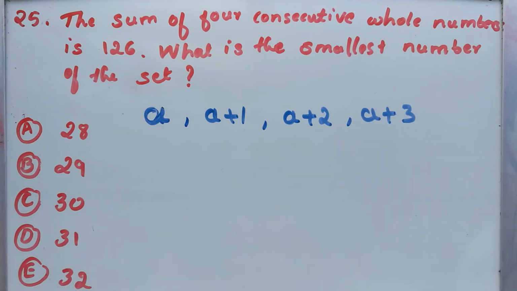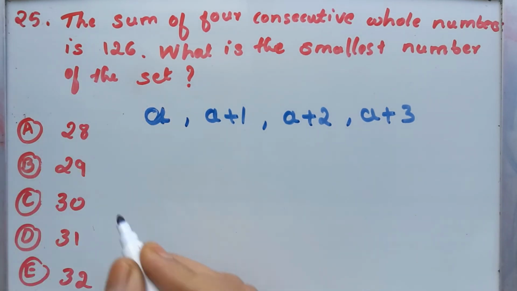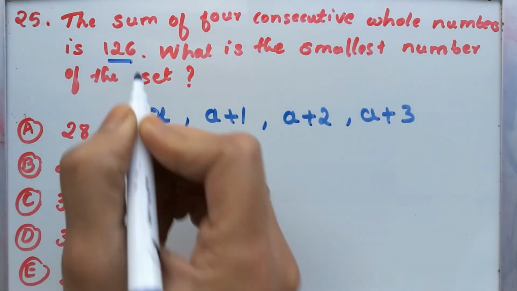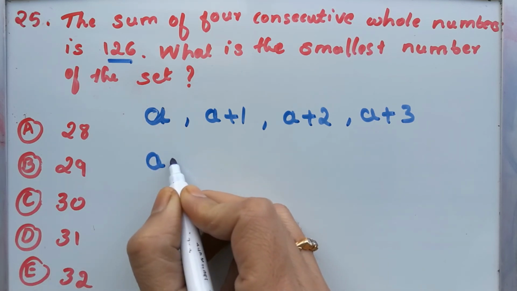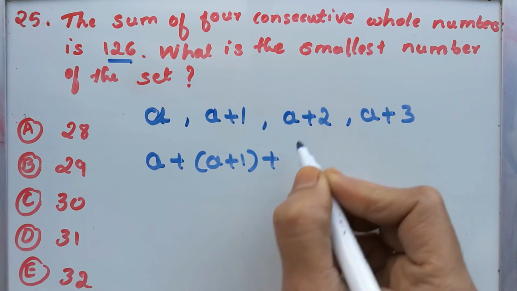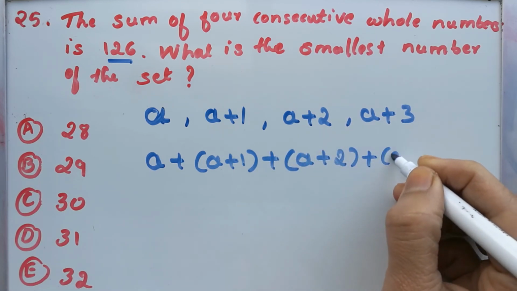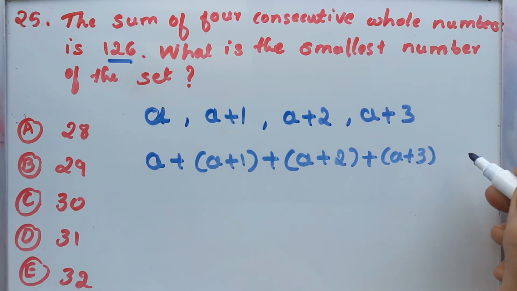So 4 consecutive numbers. Their sum is 126, given. a plus a plus 1 plus a plus 2 plus a plus 3 is 126.